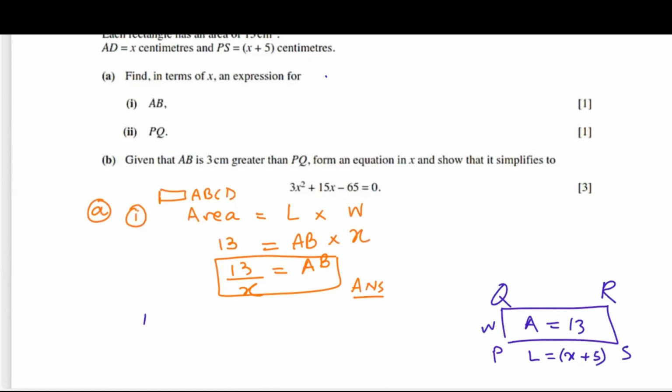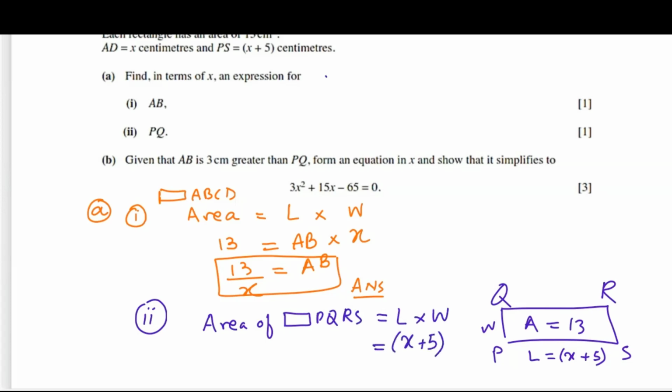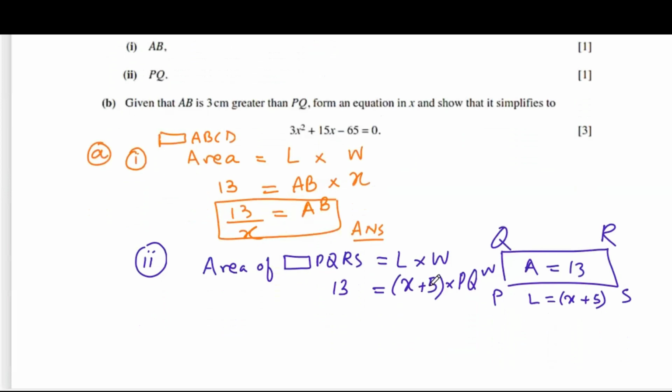Same way we use the area formula for the area of a rectangle. Area of rectangle PQRS is equal to length into width. Length is x plus 5. Width is QP, or you can say PQ, equal to 13. So x plus 5 is multiplying by PQ, so x plus 5 will be in the denominator.